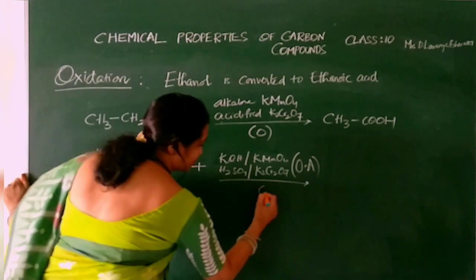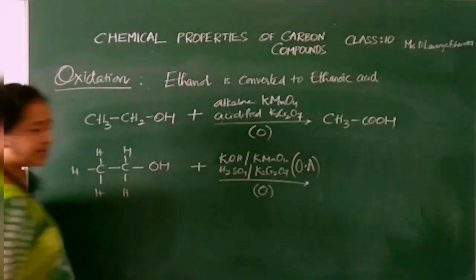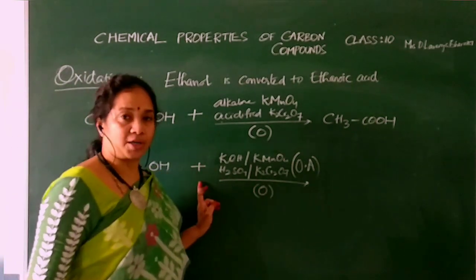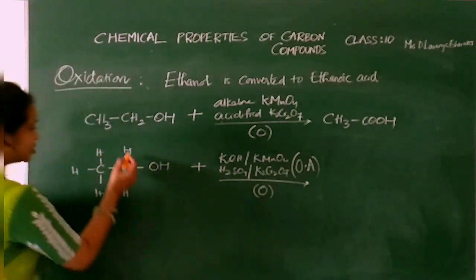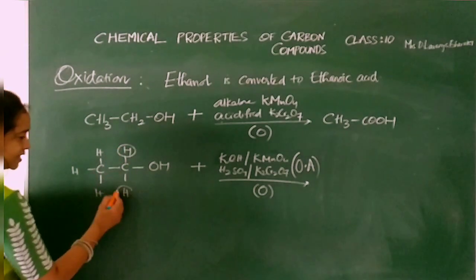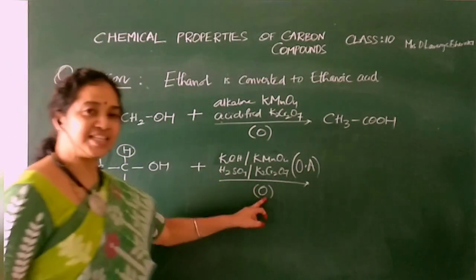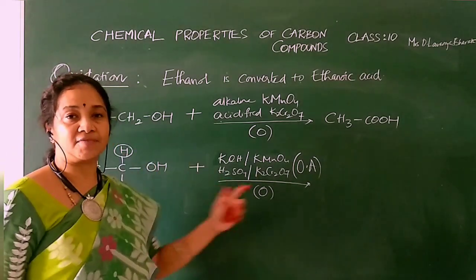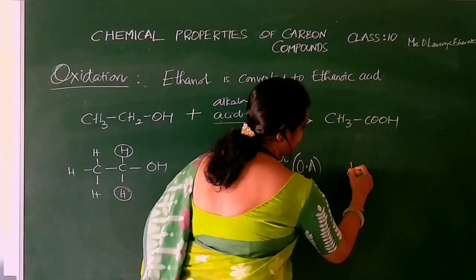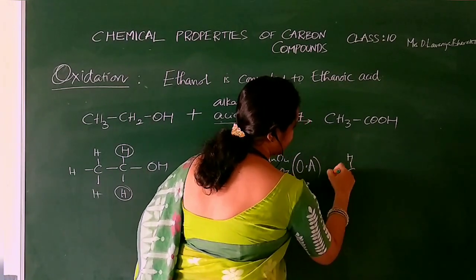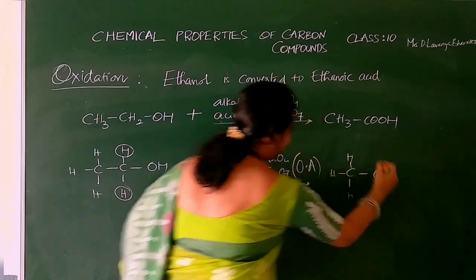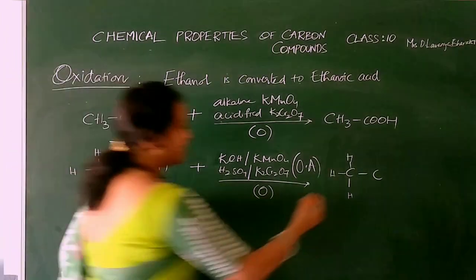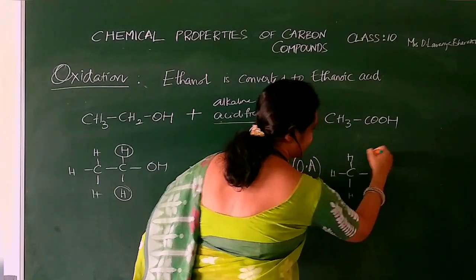Now, as I told you, these are producing certain atomic oxygens. In order to introduce one oxygen into the molecule, two hydrogens are removed. So here this hydrogen and this hydrogen are removed and oxygen is introduced into the molecule such that an alcohol is converted to acid. So CH3, and now C, as I told you, remove these two hydrogens and carbon makes a double bond with oxygen.